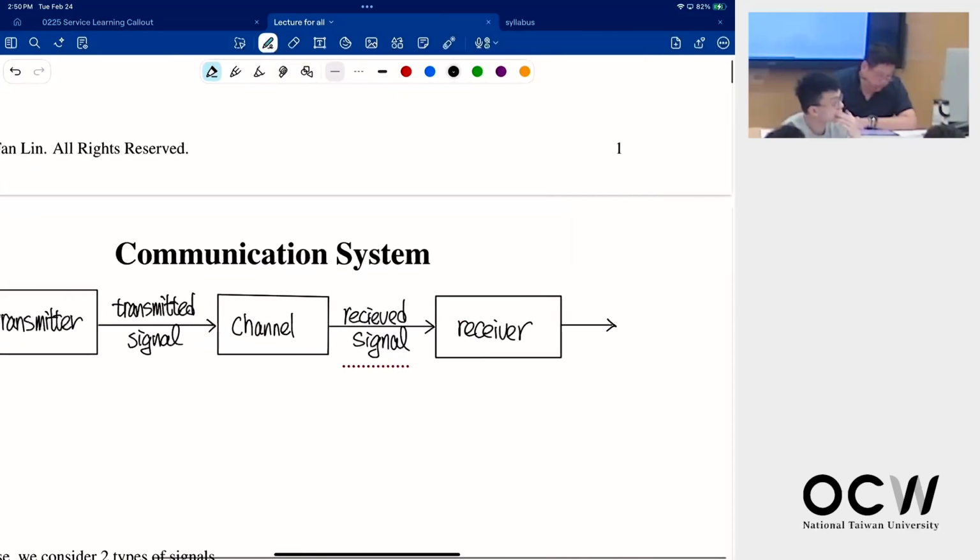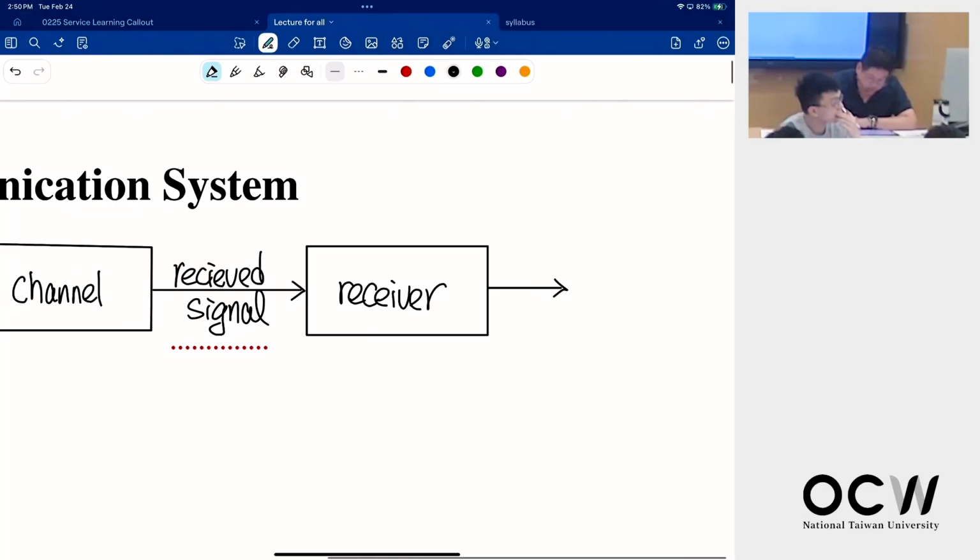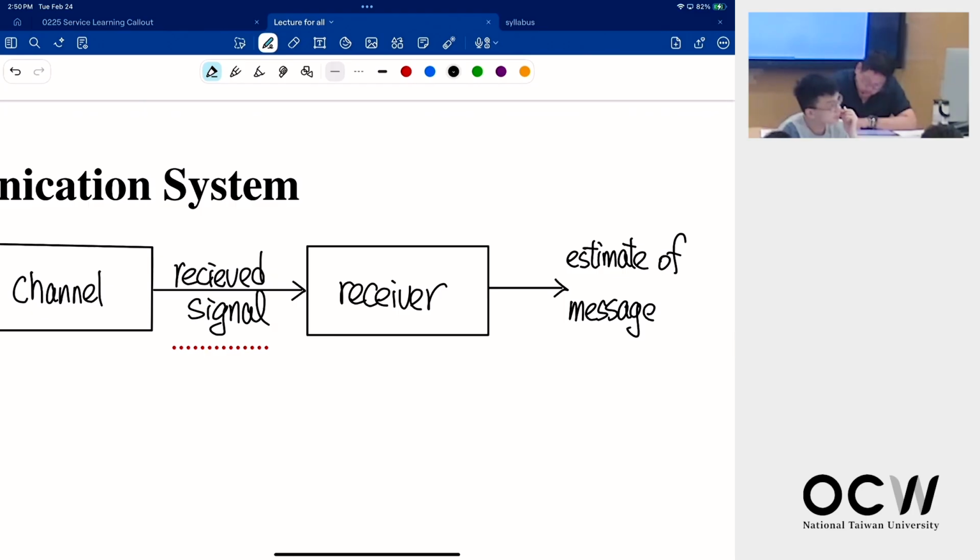And the output is the estimate of the message signal.